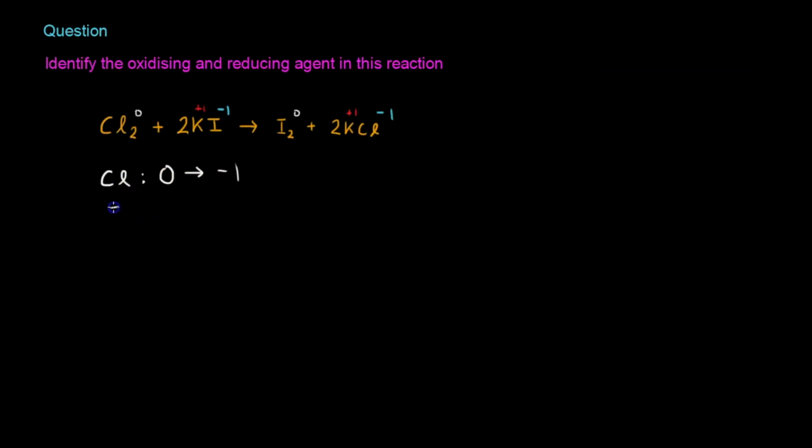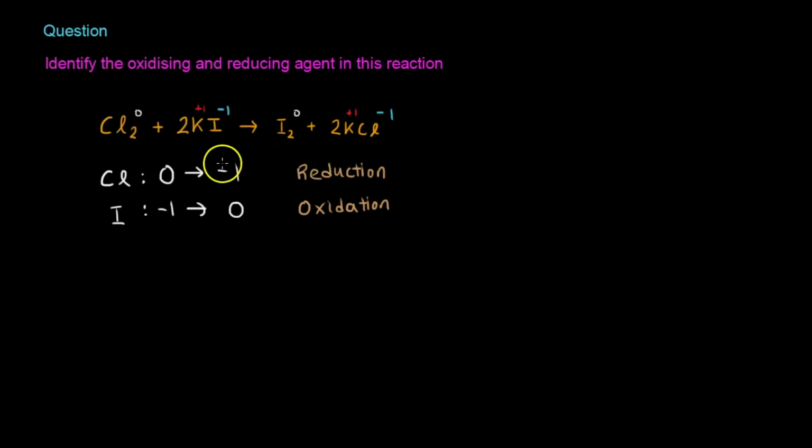Whereas for iodine, it goes from -1 here, and when it's in product form, it's 0. So Cl goes from 0 to -1. What do you think? It undergoes reduction, right? Because going from a higher number to a lower number is called reduction, because it decreases in oxidation state. On the other hand, iodine undergoes oxidation. Makes sense, right? Because it goes from a negative number to a higher number, from -1 to 0, an increase of +1.